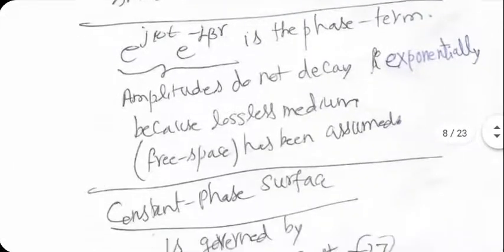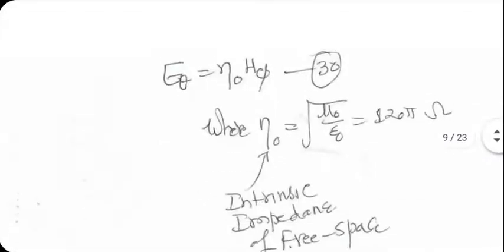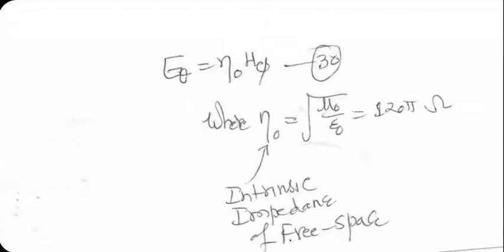E theta divided by H phi in far field at least is simply eta naught, 120 pi ohms. The E field component divided by the H field component in the far field of the Hertzian dipole antenna is simply 120 pi.